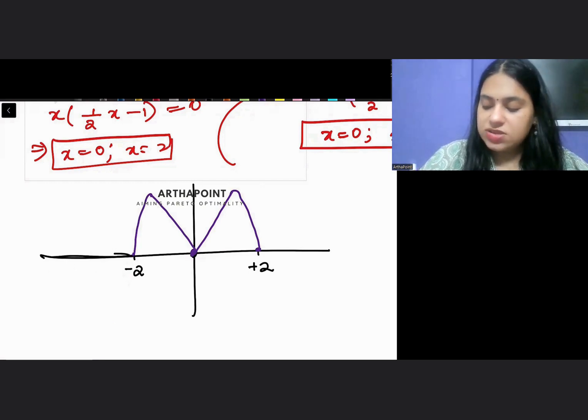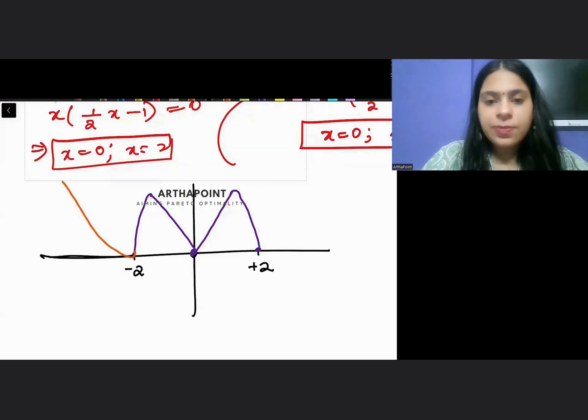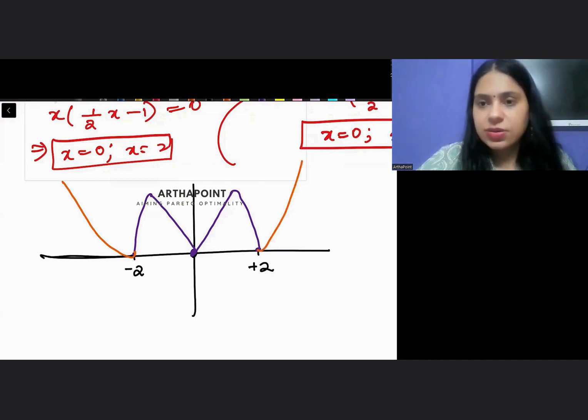It cannot go like this because it is no more 0. It's 0 only at these 3 points. So therefore, this function must increase, right? Are you understanding it? Similarly, the case here, it cannot go below here because it cannot turn negative. It cannot go here because it cannot be 0 at any other value. So it must go like this. Are you getting it?